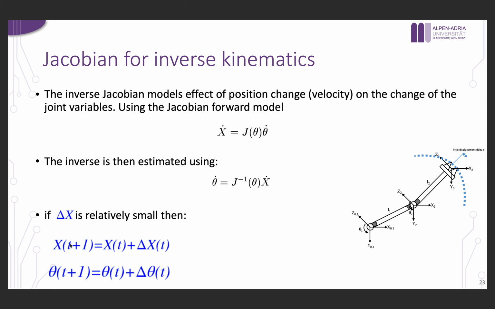Then we can easily estimate the next x position and the next theta position if we assume that the step that this robot arm is moving at is very small. Because if the steps are very small, then we need to do very small theta changes. So we start from, let's say, the default position, then we apply the formula and we move with steady steps, of course, to reach the target.